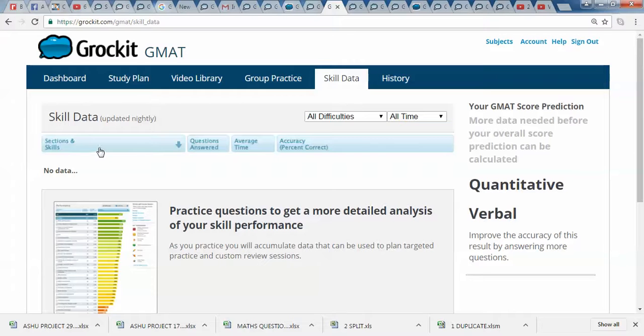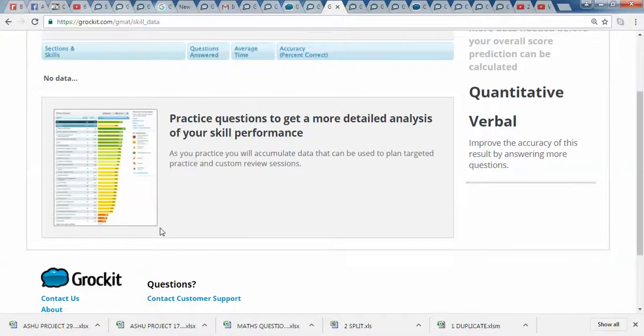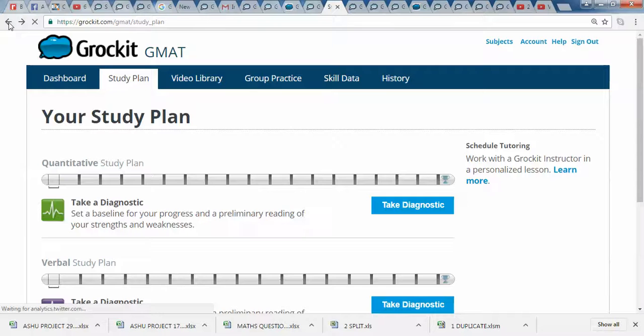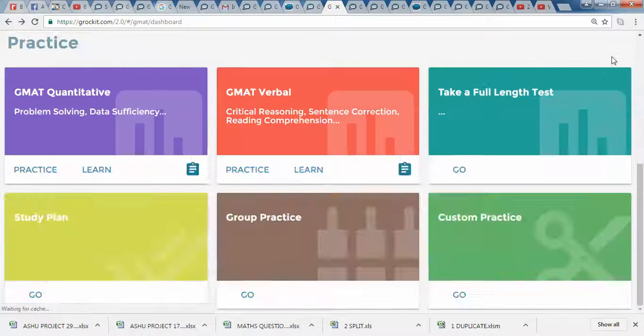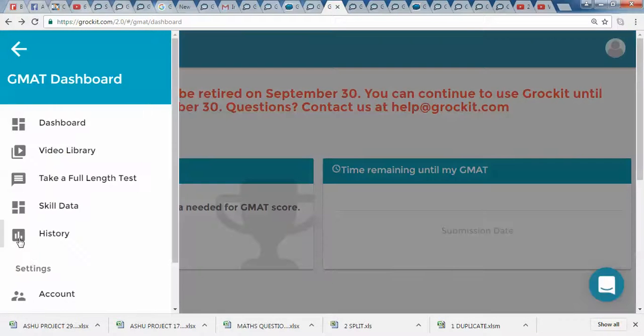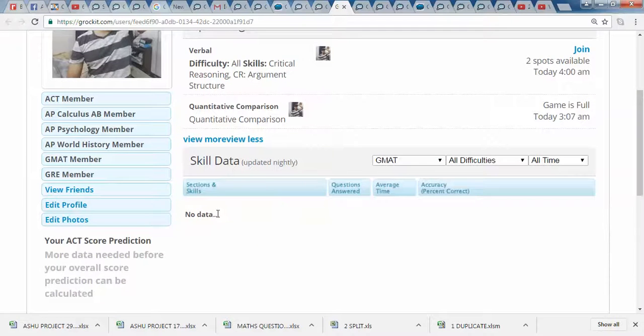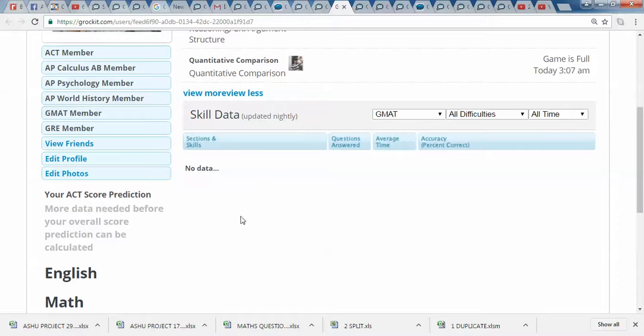If I remain on my skill data page, I can see it here. As I keep practicing, the system will keep accumulating my performances measured for accuracy. Other than this, I can also go to my account, and inside account, if I click on profile, you can see inside my profile also those same tables will start reflecting here.